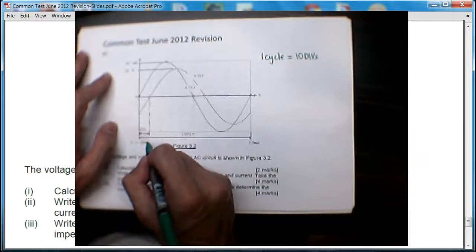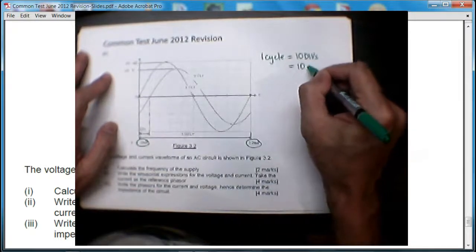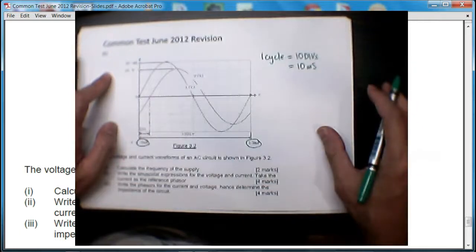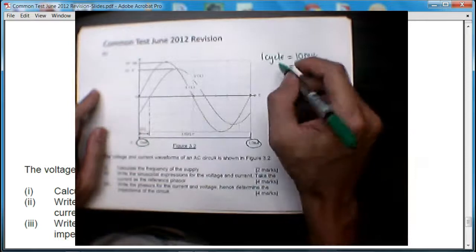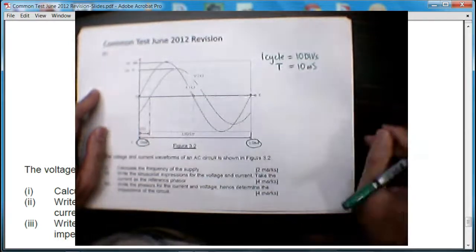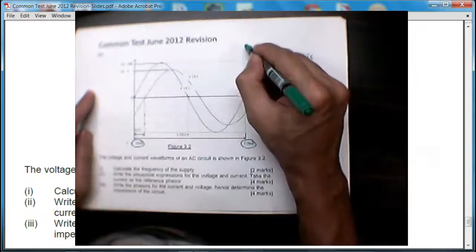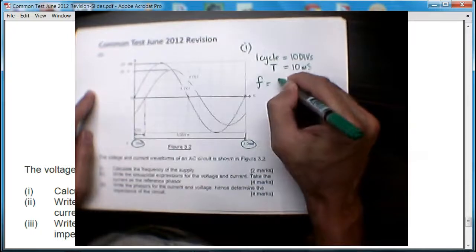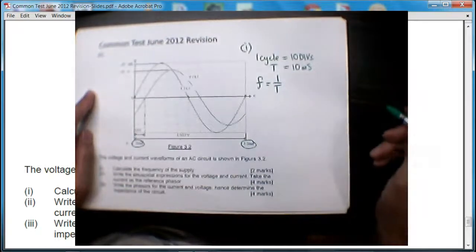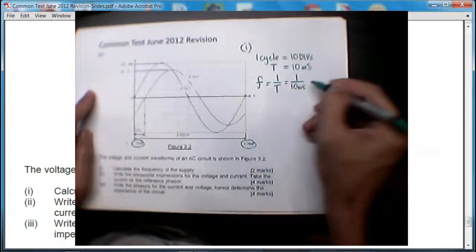Alright, and 10 divisions is given by 10 milliseconds. Now this means that the time or the period to complete one cycle is 10 milliseconds. So if I want to know the frequency, I can calculate frequency is equal to 1 upon T, which is 1 upon 10 milliseconds.